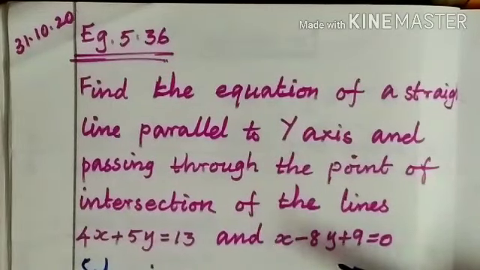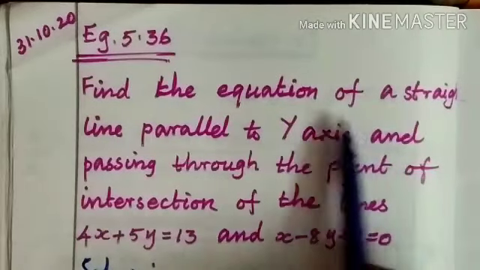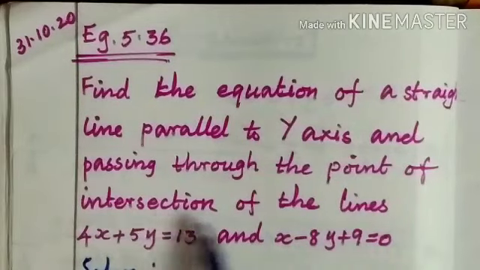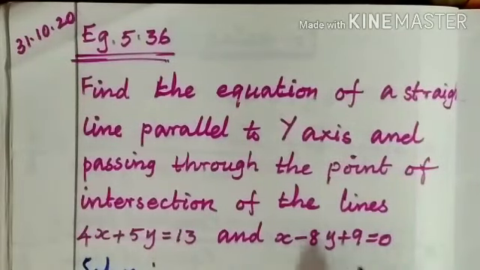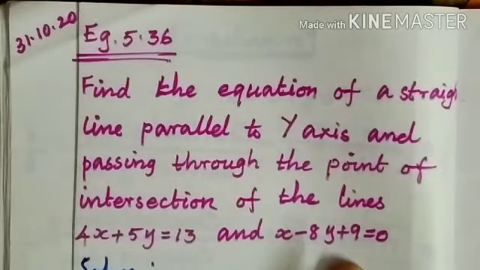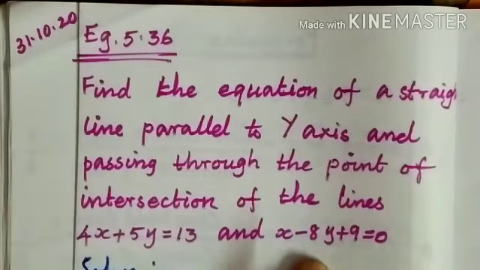We have to find the equation of the straight line which is parallel to y-axis and passing through the intersection of the given lines. First you have to find the intersection point by using elimination method.